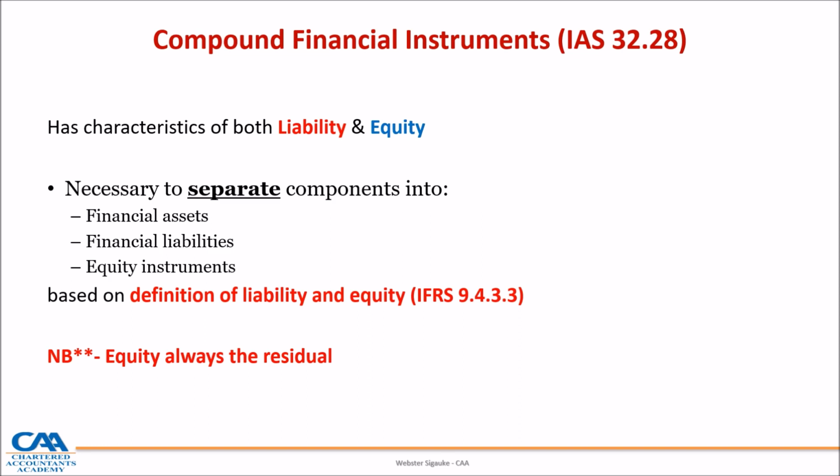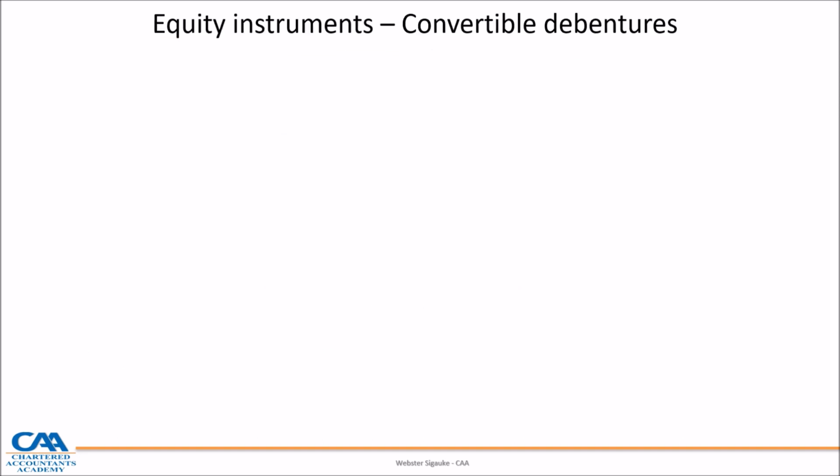So you've probably issued an instrument, and you then look at the value of the contractual obligation that you have to pay. If you present valued it and compared it to the proceeds that you received in relation to that instrument, it's actually less, which means you have an equity residual, therefore you have a compound financial instrument.